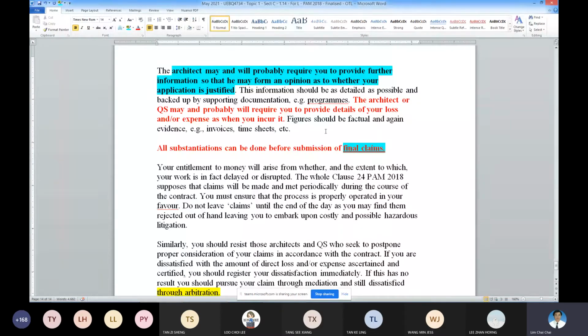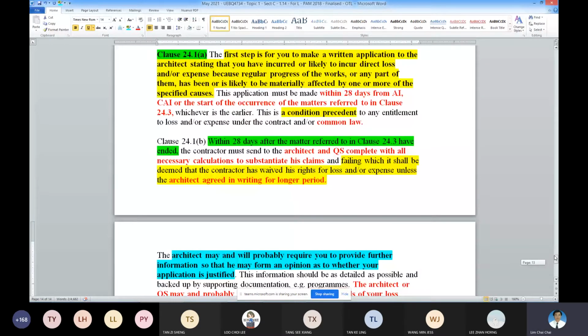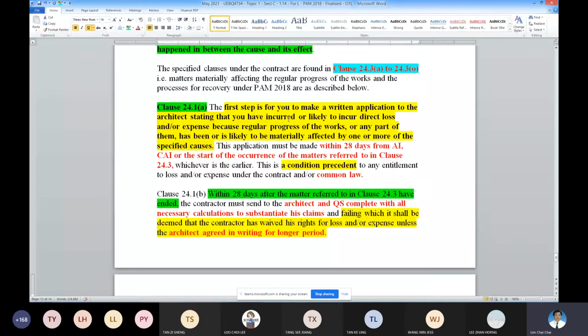Okay, but important, your rights, if you don't have this done properly, 24(1)(a), the first step, if you didn't do it, your rights are gone already. Okay, so this is the most important to the architect that need to be done. Same case for your extension of time. This is the first step. If your first step is done already, your second step is not done so correctly, it's not so bad.